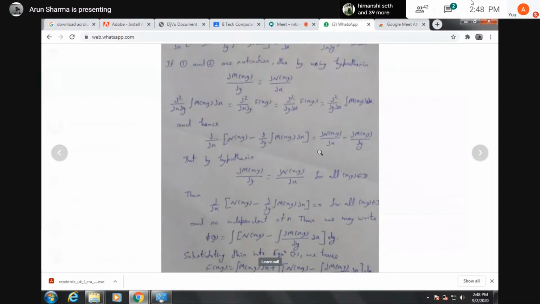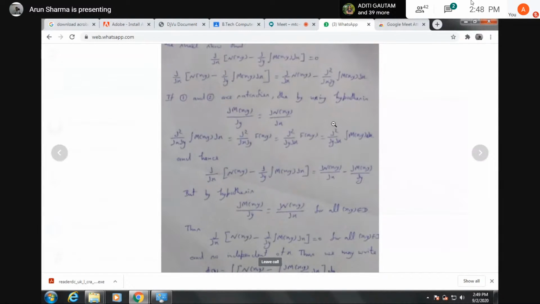So what is it? Del y of the integration of M(x,y) del x. This I can take del x inside, and I will get del M upon del y. So if you take this del M upon del y, basically what I have done is this del 2 upon del x del y equals the integration of M(x,y).